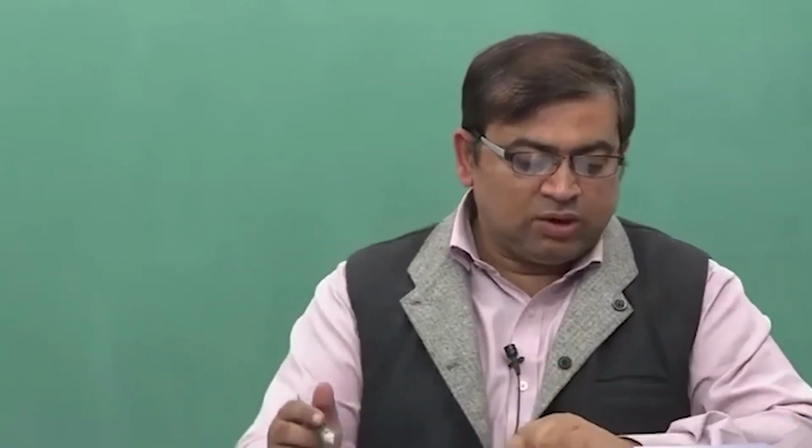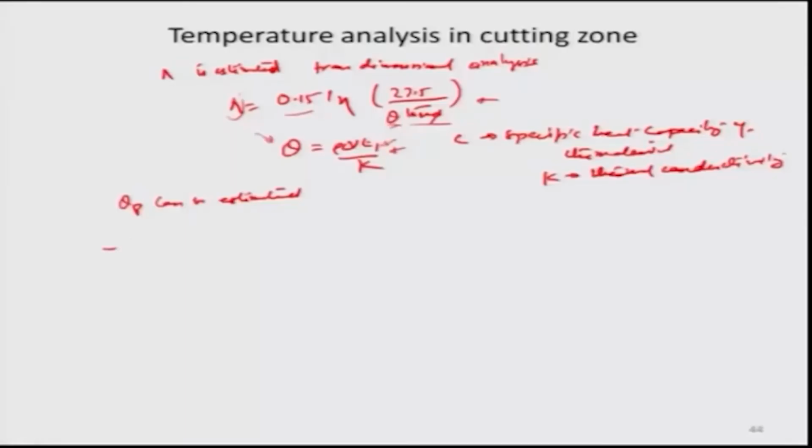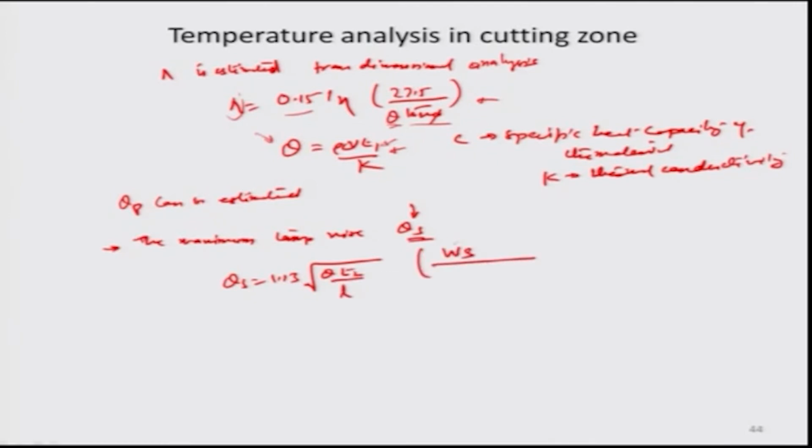In this case the maximum temperature rise theta s, again coming from the literature, has been estimated to be 1.13 root of theta T2 by L, times Ws, the secondary power, which is generated by F R V as I told you earlier, divided by rho C V W T1.